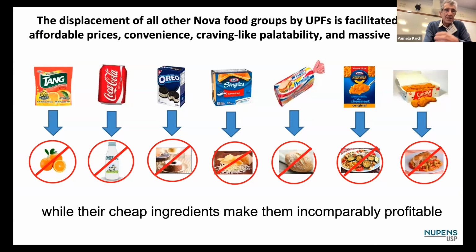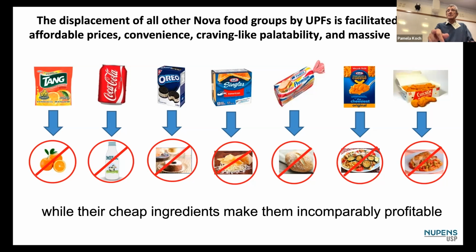In the US, I mean, in any country of the world, for each food, for each culinary preparation, you can find an ultra-processed alternative. And I'll show you in a moment why people are adopting more and more ultra-processed foods, replacing more and more the traditional diet based on groups 1, 2, and 3.